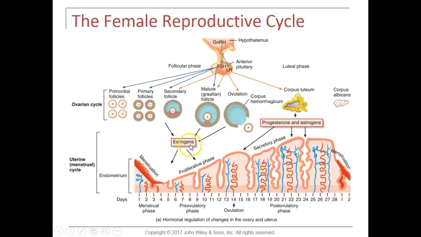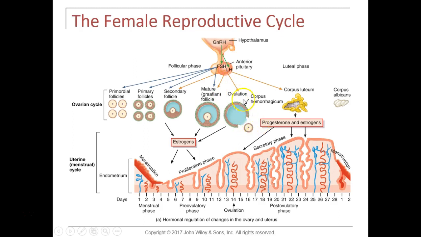In the pre-ovulatory phase of the ovarian cycle, it's called the follicular phase. The follicular phase is the phase during which the follicles will develop in the ovary and thus produce the estrogens pre-ovulatory. That's where the estrogens come from. Then you have ovulation, which is just called ovulation. The secondary oocyte is ovulated out.